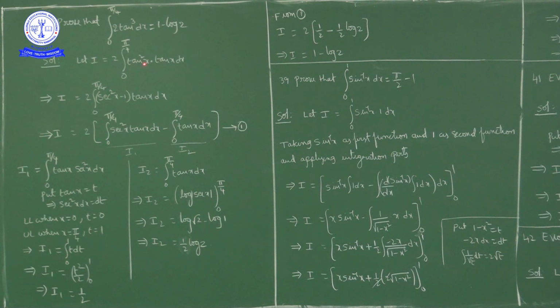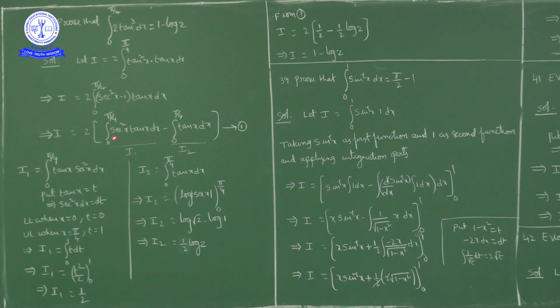Multiplying tan x inside, I will write it as two separate integrals. I is equal to 2 into integral 0 to pi by 4 of secant square x into tan x dx minus integral 0 to pi by 4 of tan x dx.